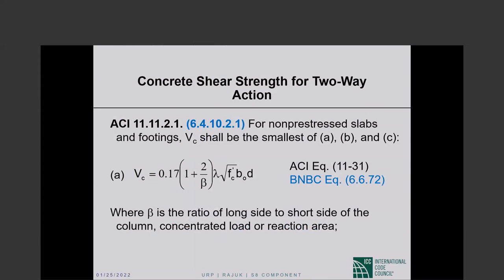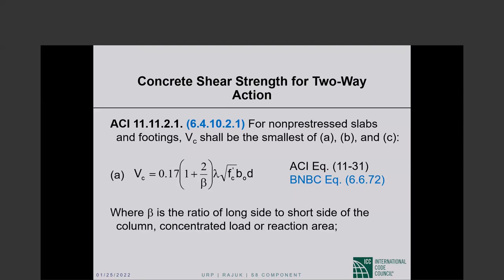The punching shear that concrete itself can carry, V sub c, is given in ACI 318 and BNBC 2020 by three different expressions, and the smallest value governs. So you shall calculate V sub c by three different expressions, and you will take the lowest of the three values that you calculate.